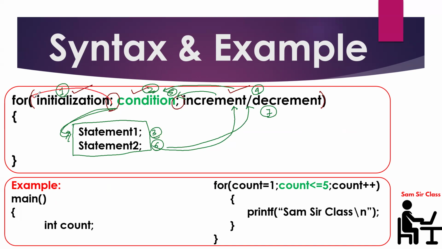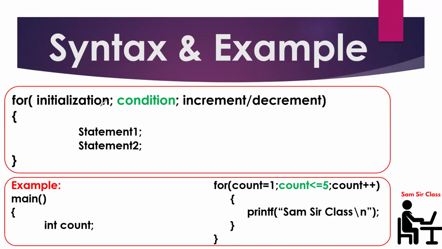The initialization part is done only once, but there will be a loop between the condition, the block of statements, and the increment decrement section. This is where the for loop exists. So as per our discussion, the best part is it provides the clear beginning, the progress, and where it will end.